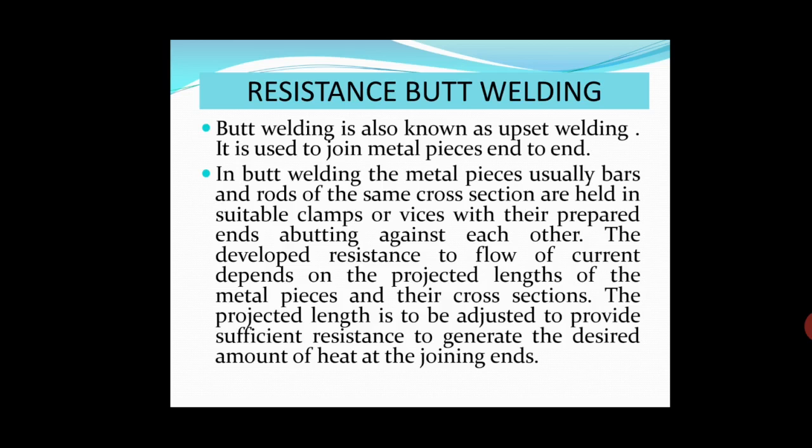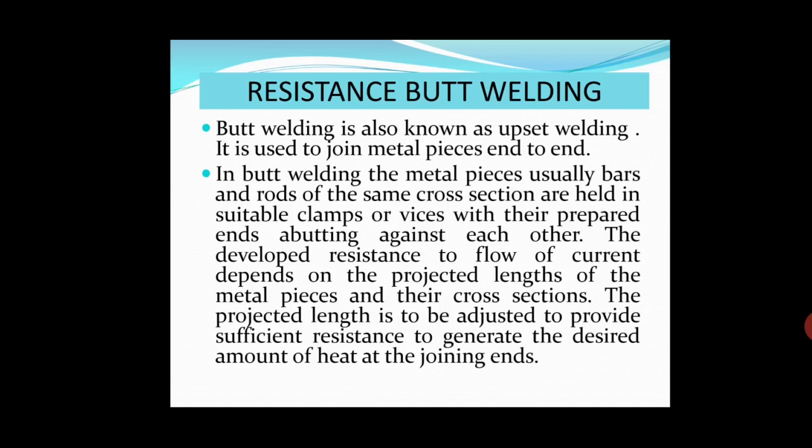Here, no overlapping of ends occurs. In butt welding, the metal pieces, usually bars and rods of the same cross section, are held in suitable clamps or vices with their prepared ends abutting against each other.